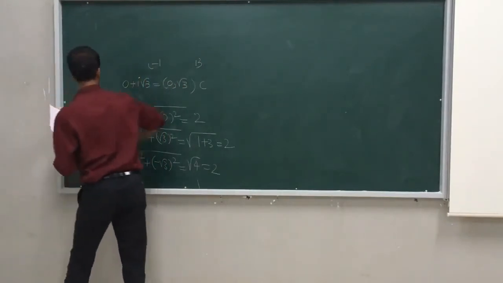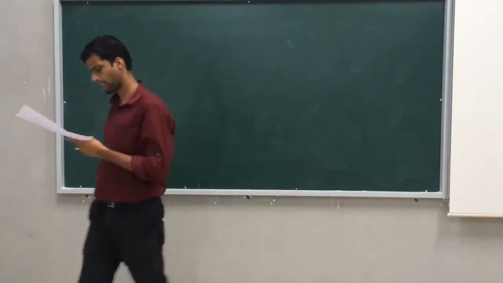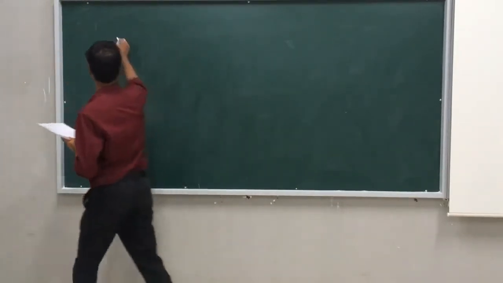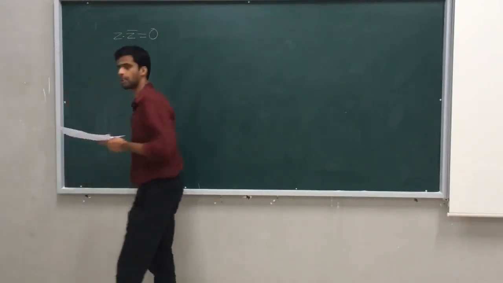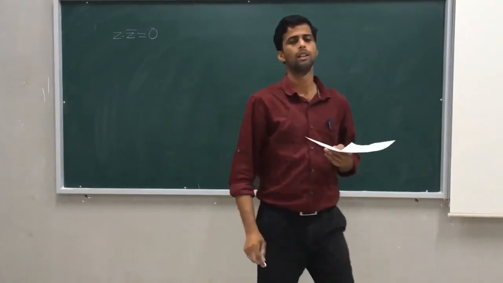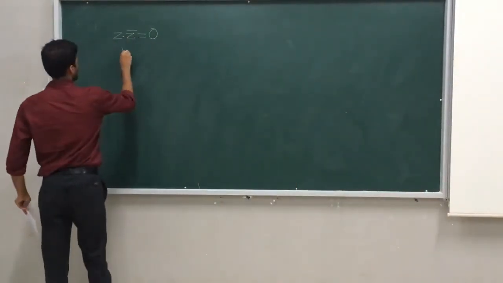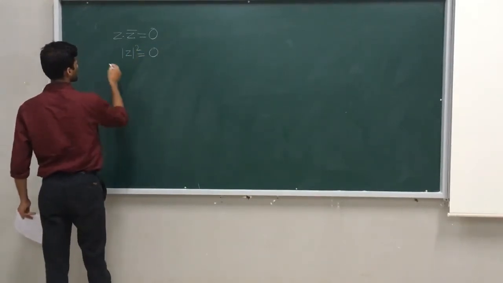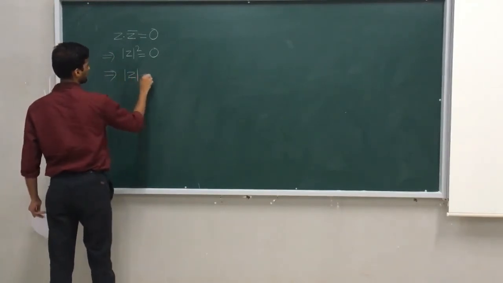In the next question, what is given here is, z into z bar equal to 0 if and only if. We all know that z into z bar can be written as mod z square. So mod z square equal to 0 means mod z equal to 0.